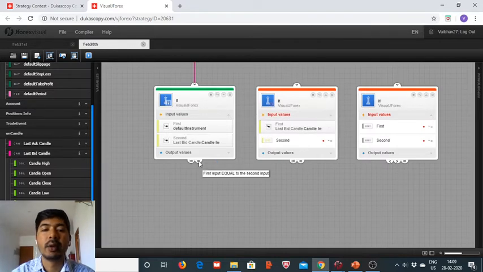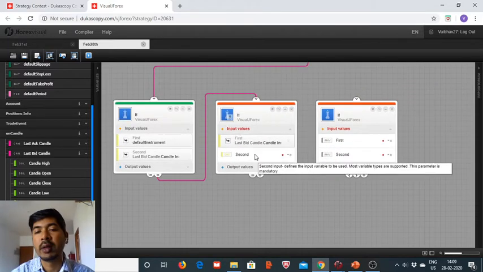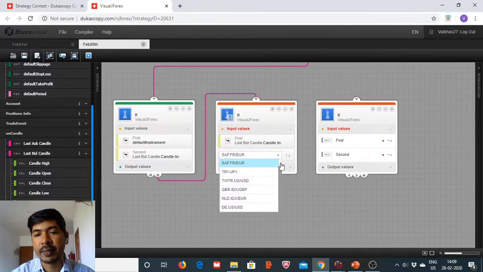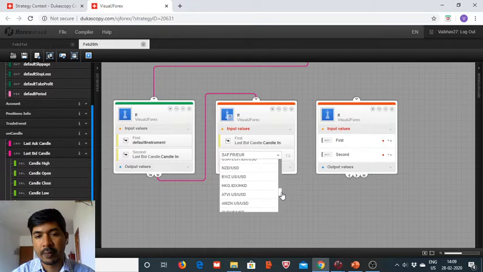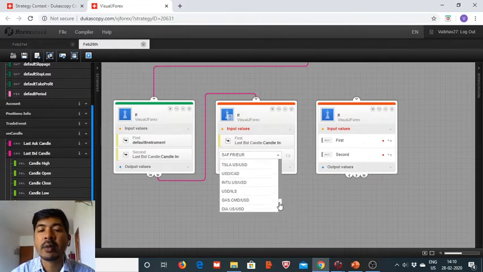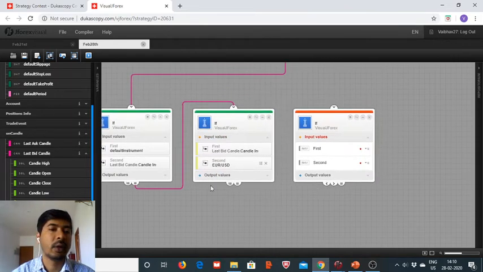And we connect this as equal, and here we choose Euro USD. Euro USD, where it is, it's proving a difficult task to find Euro USD. It is here. Okay, we got it.